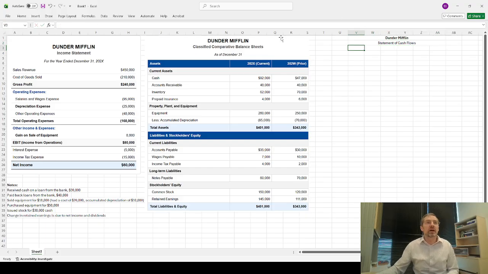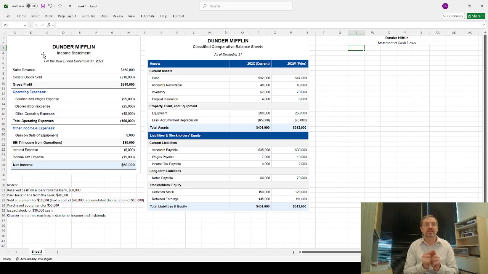And then you can see on the financial statements, the terminology for the date is important. Income statements are for a period of time, so the date phrase needs to cover a period of time. This one is for the year ended December 31st. And the balance sheet is a point in time, so it's as of a certain date.